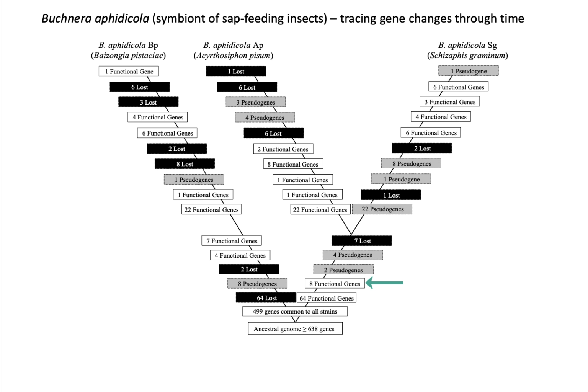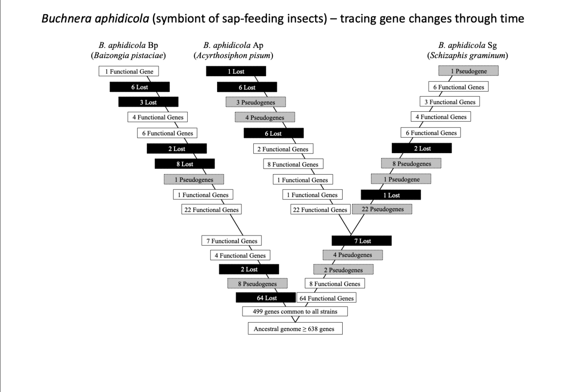And then 2 have been lost along the left branch, and the same 2 have become pseudogenes in the right branch. And you can work your way up to the next split, where 22 are still functional in that middle branch, where those same 22 have become pseudogenes, working all the way up to each of those 3 varieties of this Buchnera.